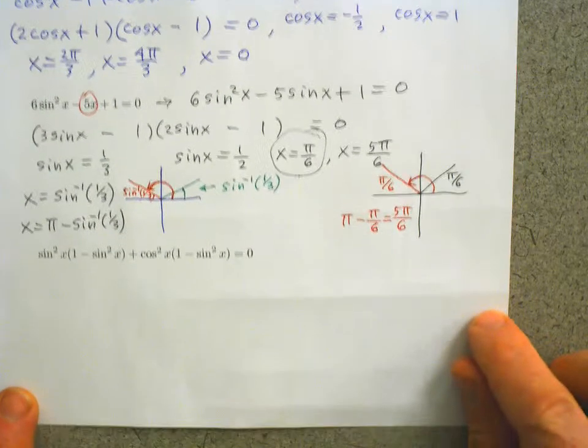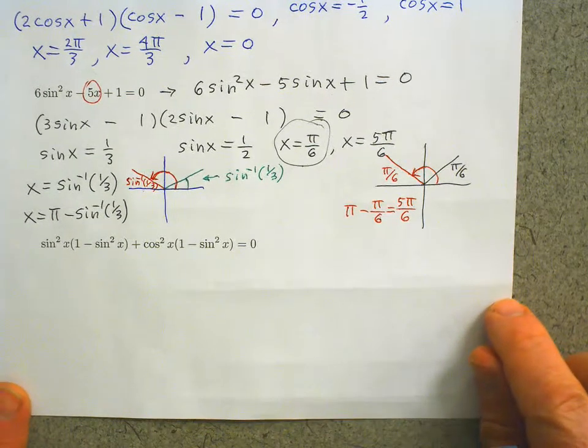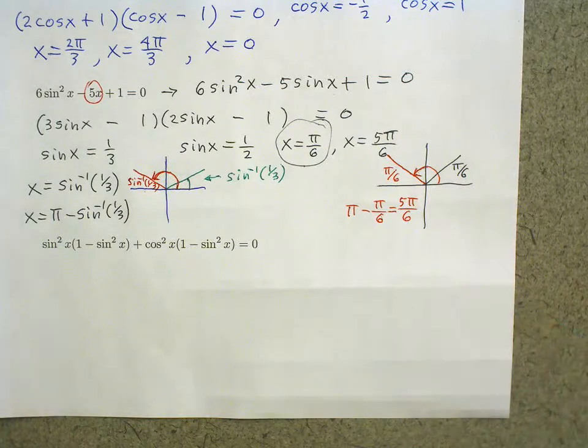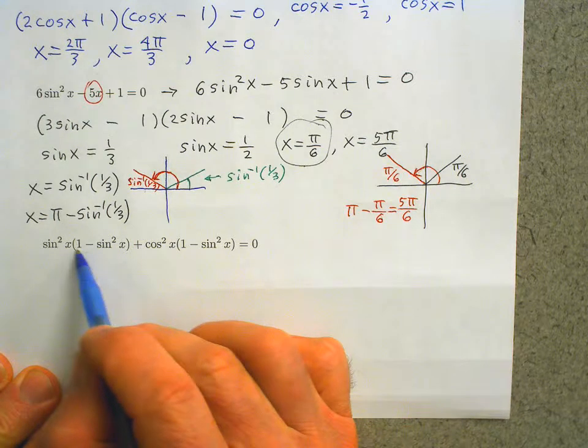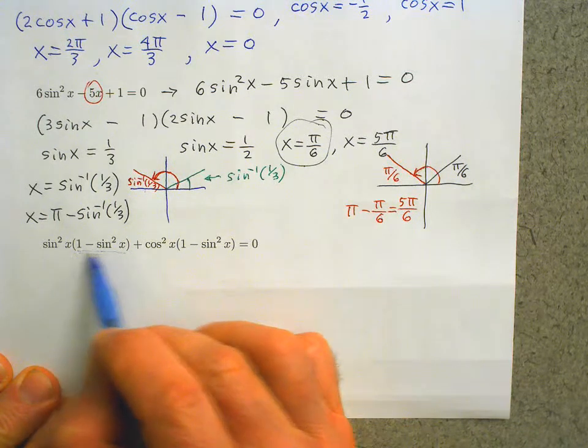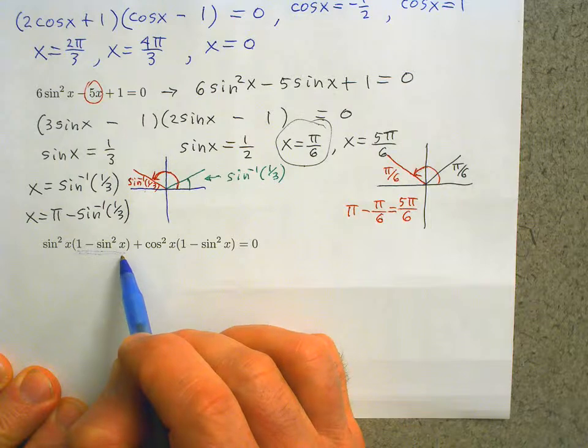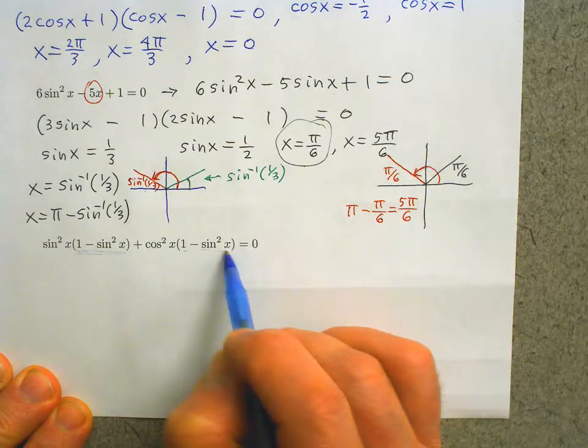Okay, the next example: sine of x squared times 1 minus sine of x squared plus cosine of x squared times the quantity 1 minus sine of x squared equals 0. So notice we have a 1 minus sine of x squared in both places.